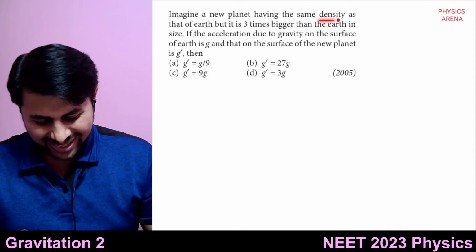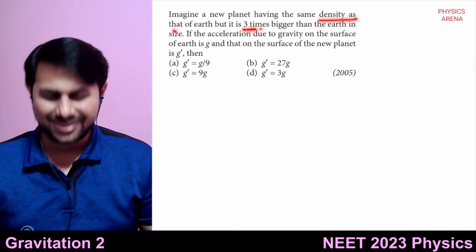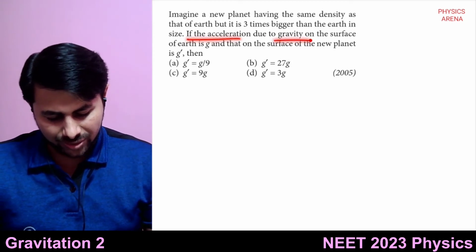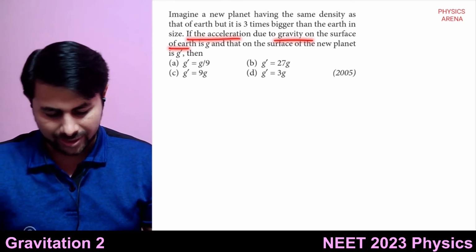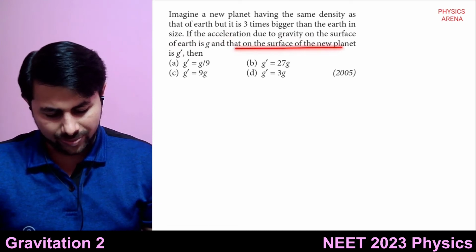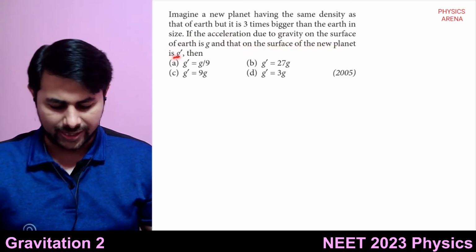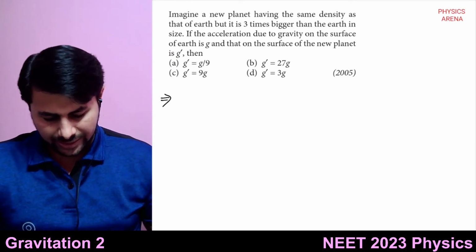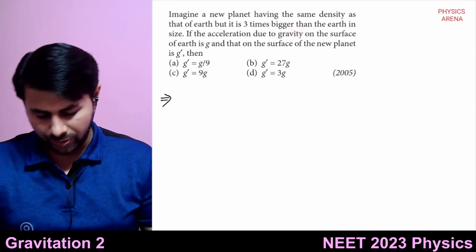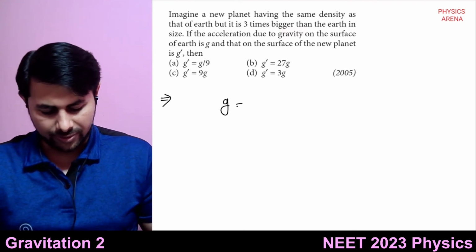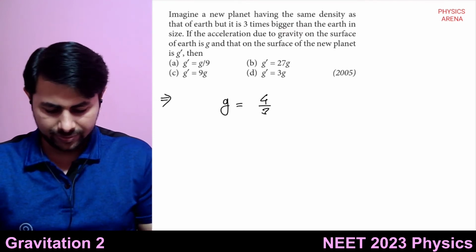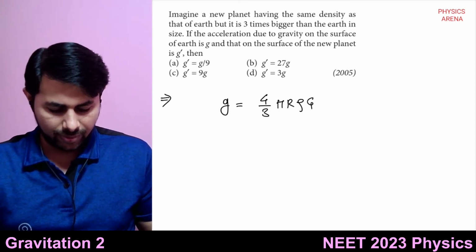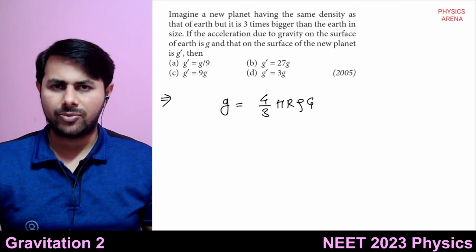If the acceleration due to gravity on the surface of Earth is g, and that of the surface of new planet is g dash, then tell me, if density is coming, which formula should we use? g is equal to 4 by 3 pi r rho G.